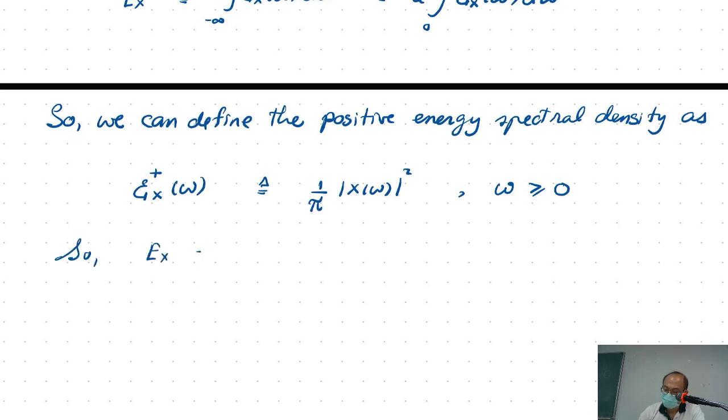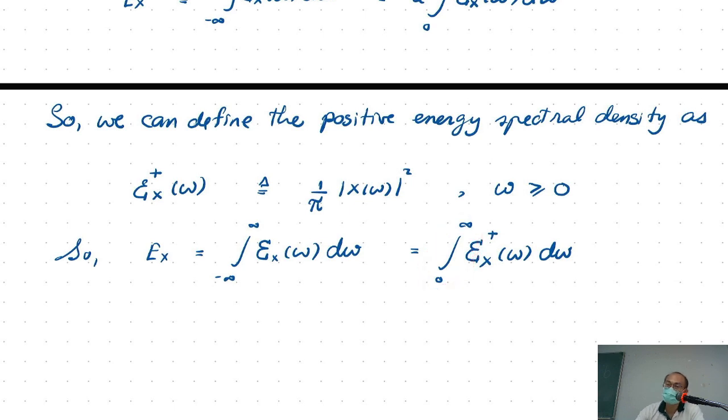So the energy of x, if we use E x, the both sides frequency, we can integrate over all frequency, or we can use the positive energy spectral density. But if we use E x plus, we have to integrate just over the positive frequency range.